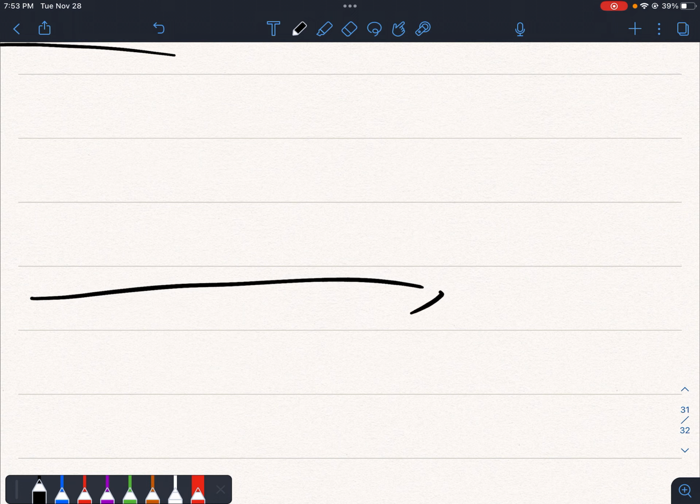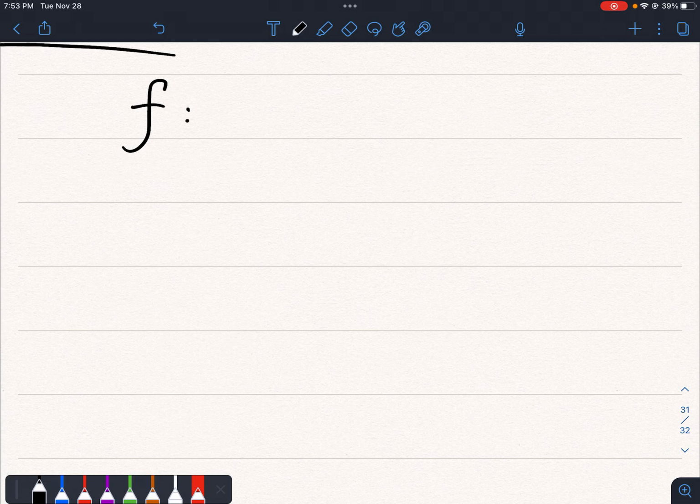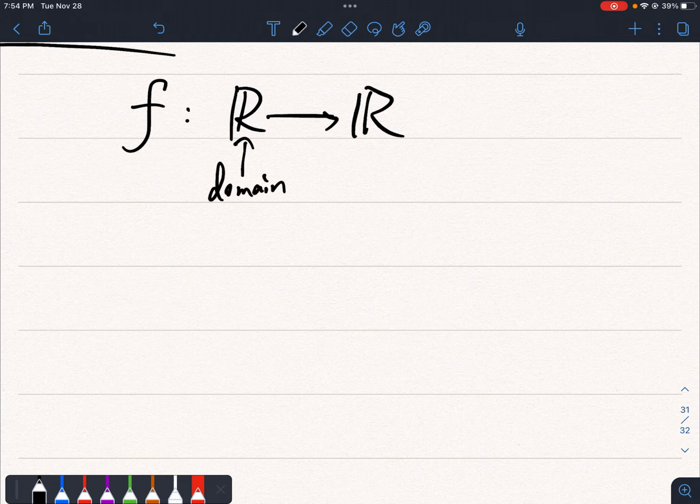Now, let's talk about the limit. So if we are given a function f, usually in calculus we are interested in the functions from R to R. If f is a function from R to R, then this R is called the domain, which means it is the set of all the numbers where f is defined, okay?